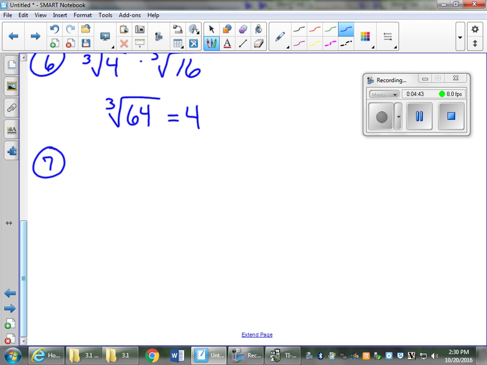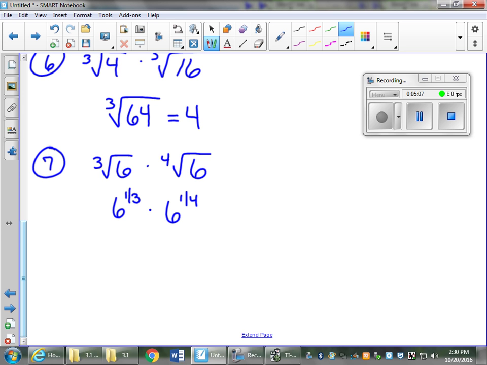Next one, cube root of 6 times 4th root of 6. Not the same root. Different roots, but they're the same base, same radicand. It would be easier to do this problem if we rewrote it in this format first, because then it'll be just like the first example we did today.